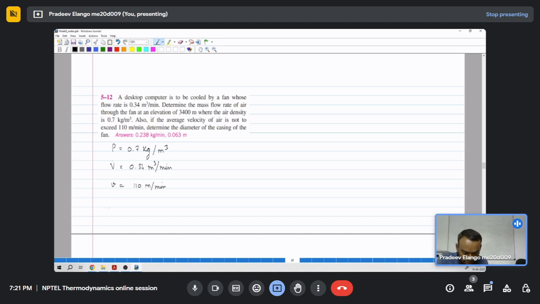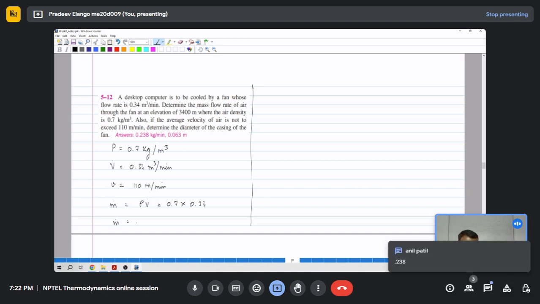So for mass flow rate, m dot is rho into volume flow rate, that is 0.7 into 0.34. So we can calculate the mass flow rate. That is 0.238 kilogram per minute.